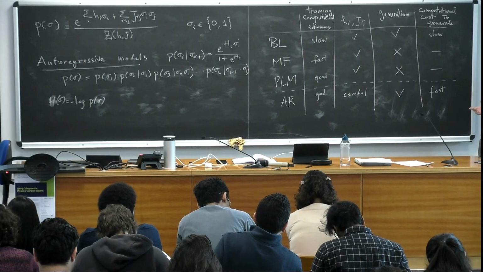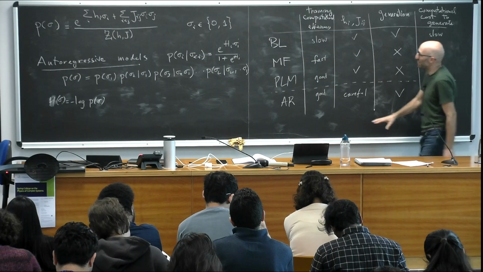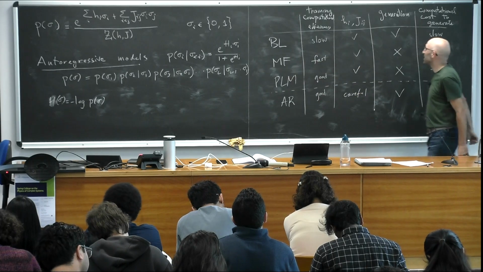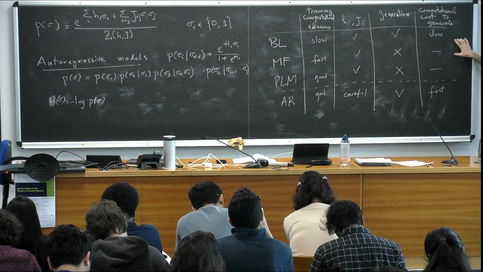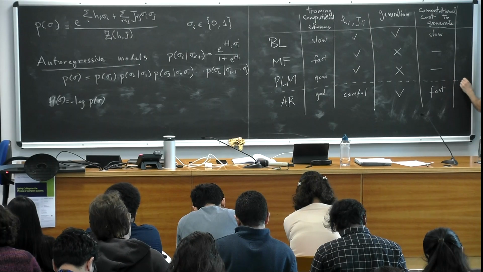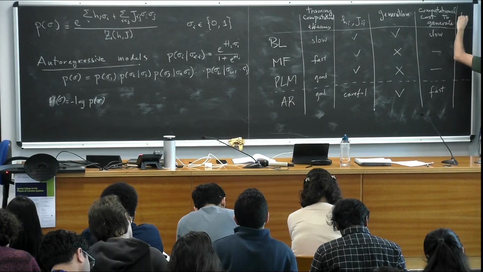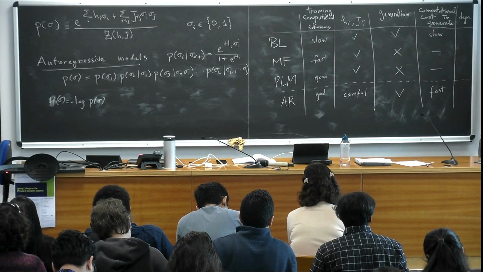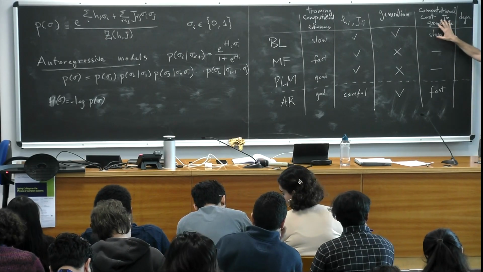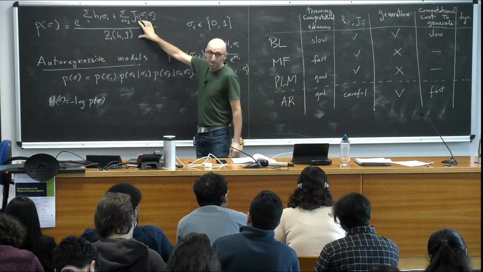So depending on what you want to do, you can choose the best approach. There is one last thing, and I will show you an example of that as well, which is the dynamics. You might be interested not in generating states in equilibrium from this probability distribution.